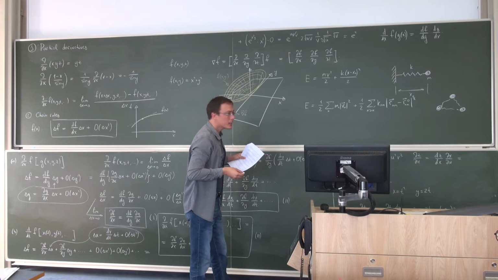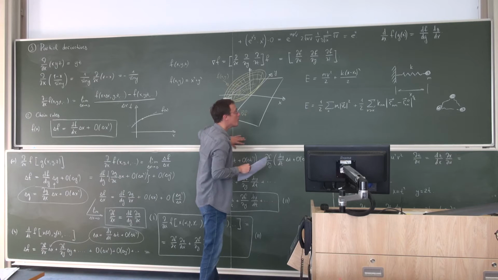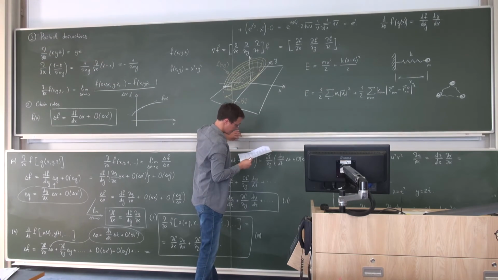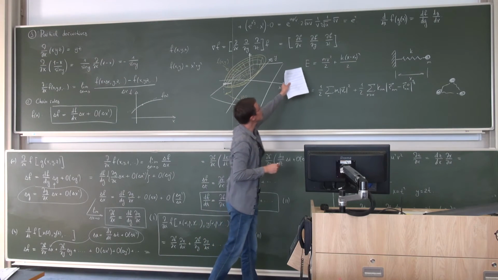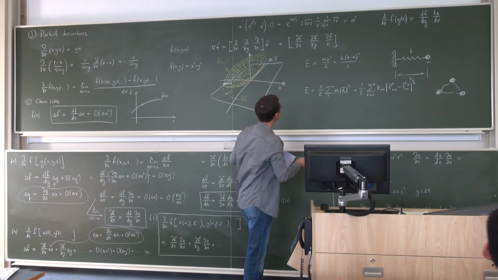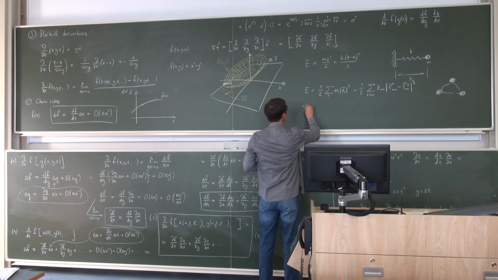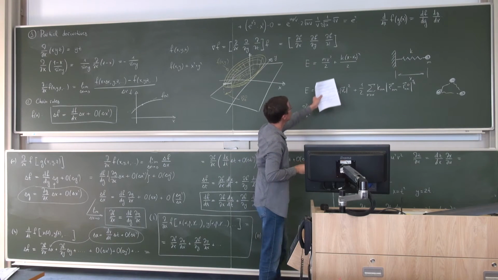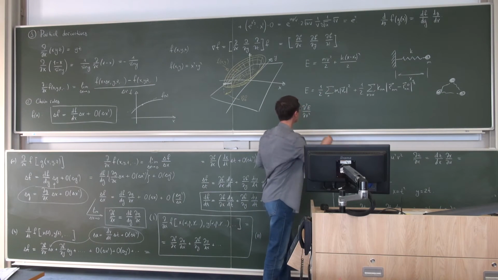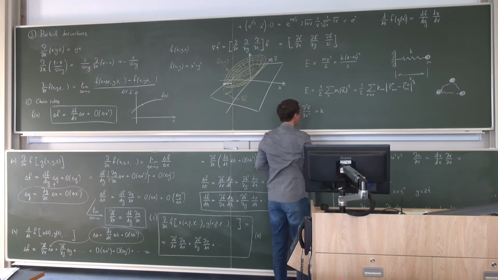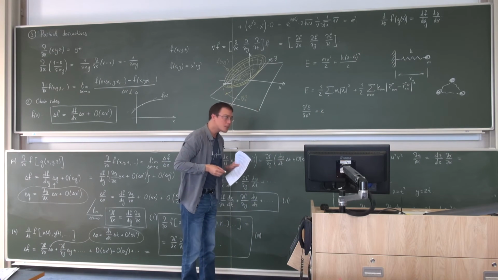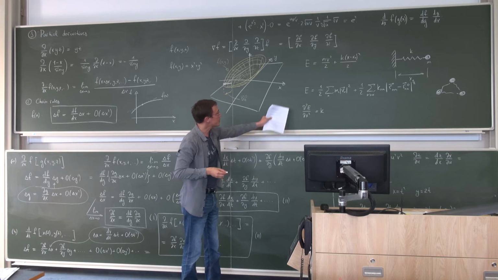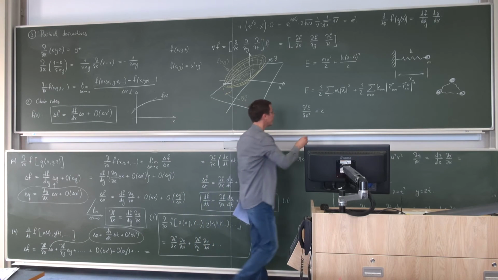So, a fairly complicated expression, but what is important here is when you look at the second derivative of this, for example d2E by dx squared, differentiate this twice with respect to x, you get k. So the force constant is the second derivative of the energy.